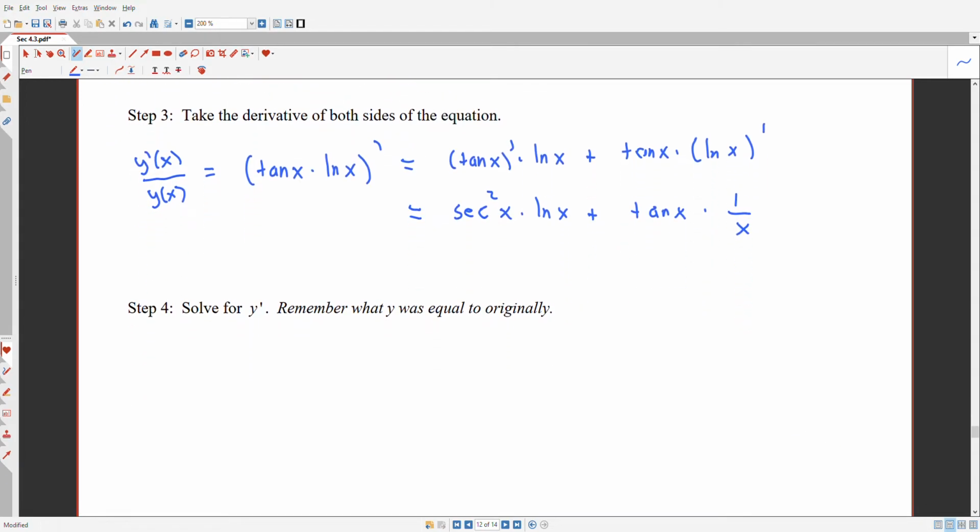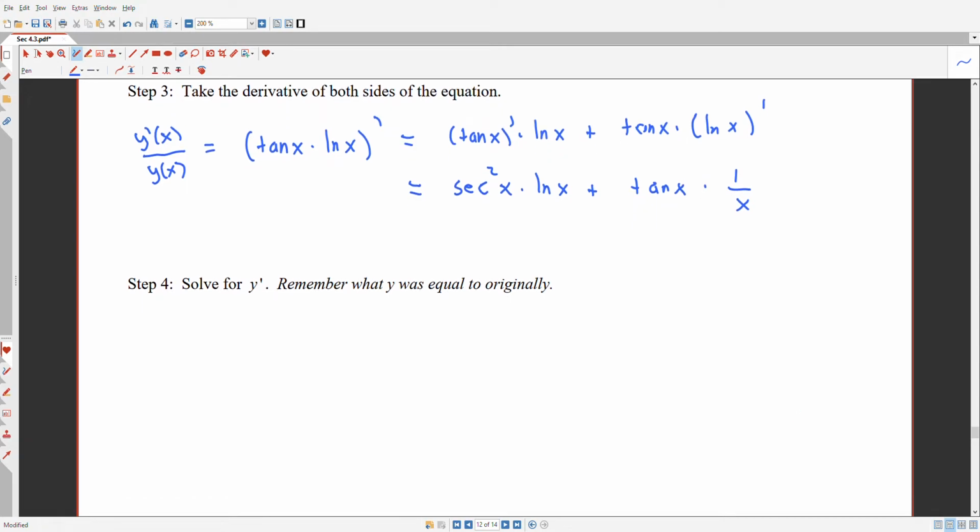So now our last step, as I mentioned above, is to solve for what we're after, the derivative of the weird function. So I have that y prime is equal to y of x times this gigantic mess, secant squared of x times natural log of x plus the tangent of x all over x.